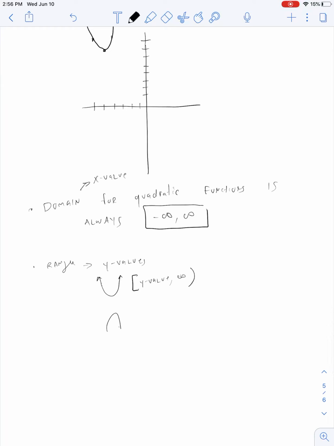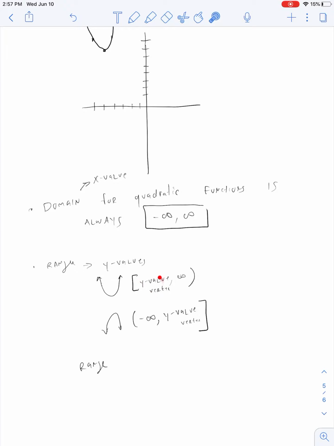If a graph looks like this, it will be open parentheses, negative infinity, comma, y value, and let's say y value of vertex, close bracket. So this range opens up.